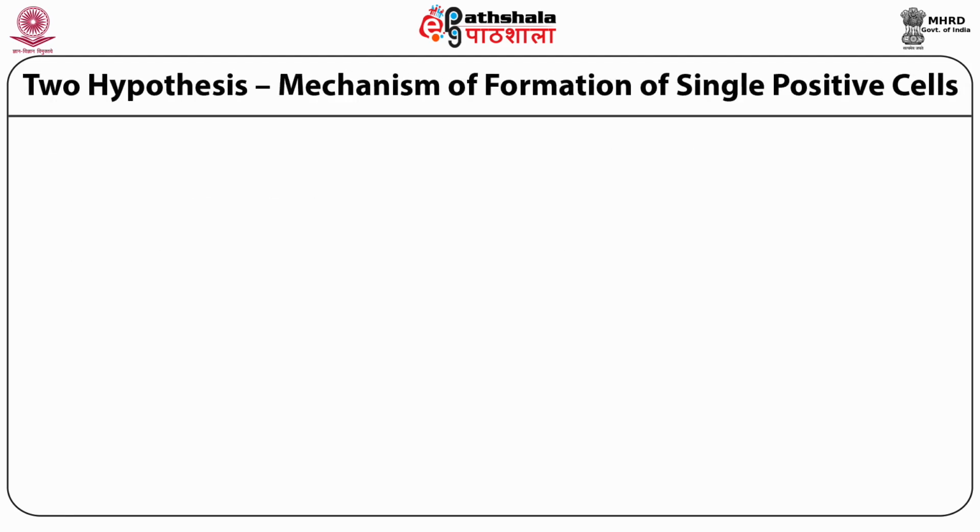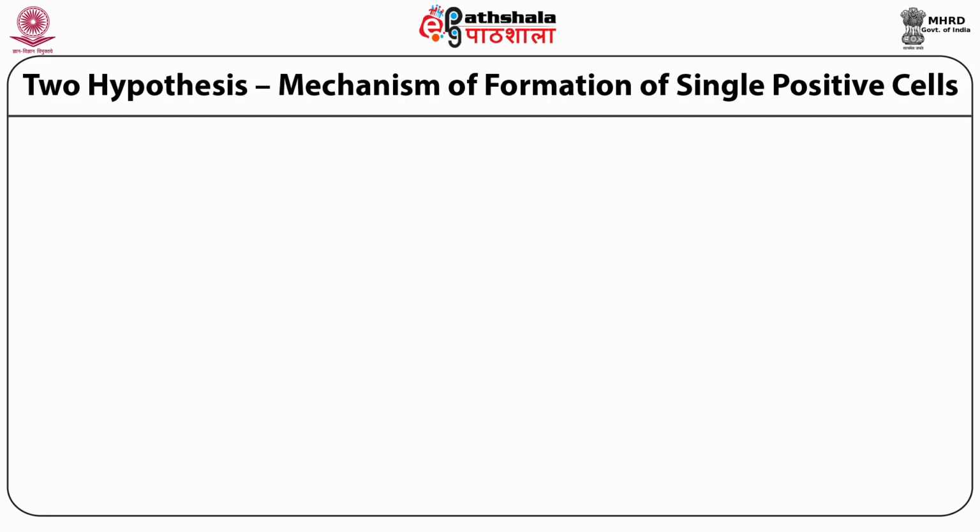In thymus, double positive cells, pro-T cells, undergo the process of selection, positive and negative selection, and it generates single positive CD4 T cells or single positive CD8 T cells.